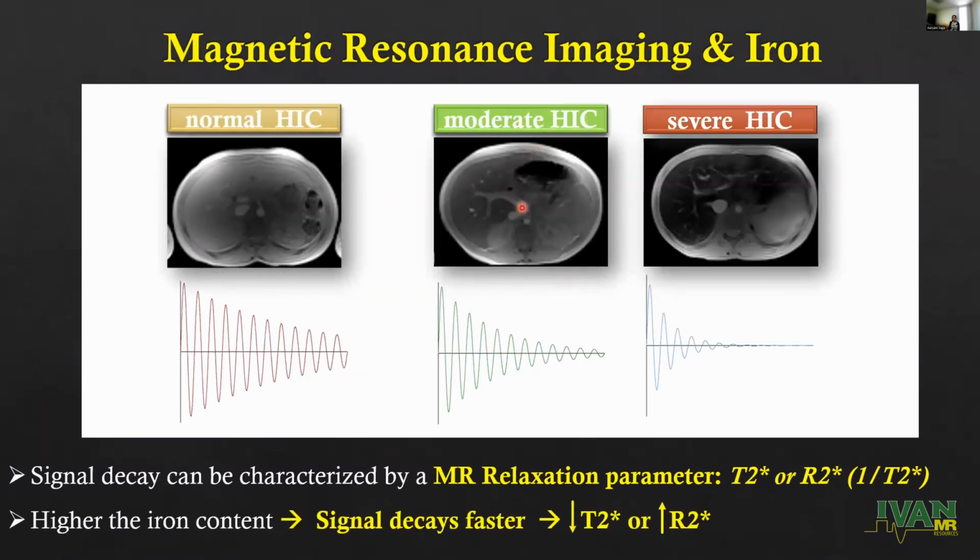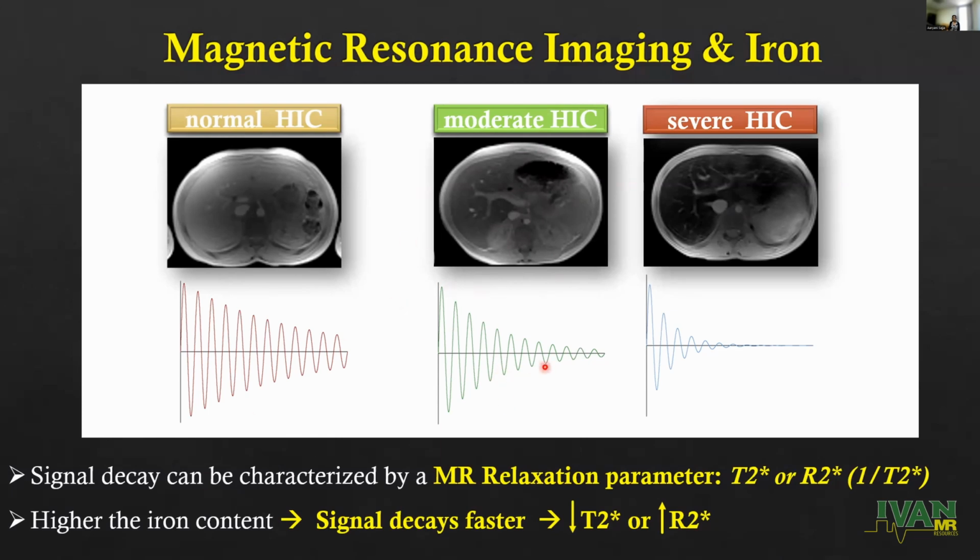But now if I take cases with more iron, moderate and severe, you see the signal is decaying rapidly. It's because the presence of iron creates local magnetic inhomogeneities and causes the protons to dephase faster, because it increases the spin-spin relaxation rate.